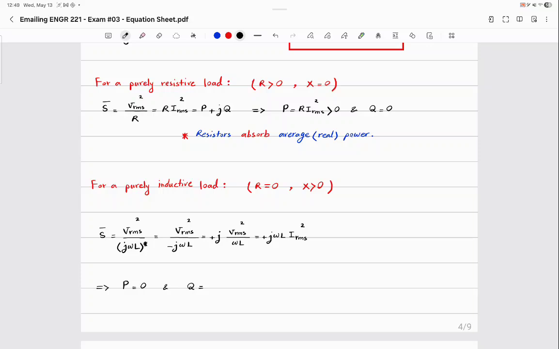So Q is equal to Vrms squared over omega L, or omega L I rms squared. What can you tell me about the sign of Q? Always positive. So what does it mean?